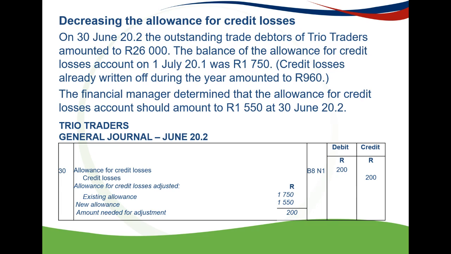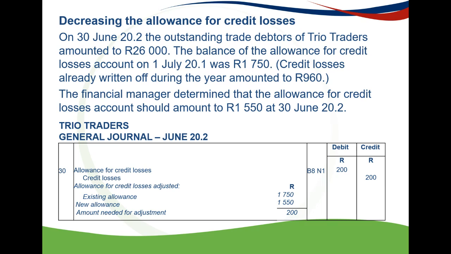Now, like I said, your allowance can also decrease. For this specific example, which is now the following financial year, we need to make a decreasing entry.